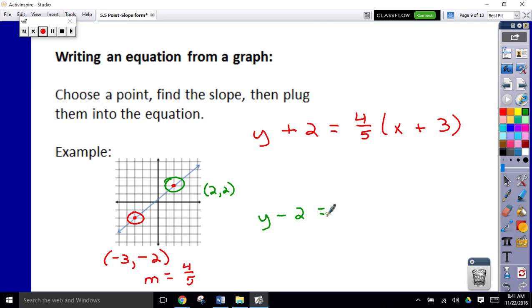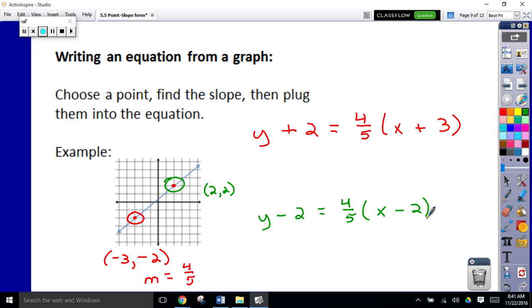Same slope. Remember, the original formula is x minus x1, so it would be x minus 2. These equations look like they are different equations, but they're really the same, and I'm going to show you why.